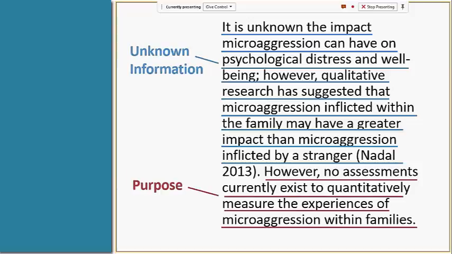However, no assessments currently exist to quantitatively measure the experiences of microaggression within families. So this is unknown information as well, but it points back to their initial purpose that they said in their first sentence. So we can assume that, okay, this is what they're going to investigate. They're going to come up with a quantitative method for measuring microaggression.